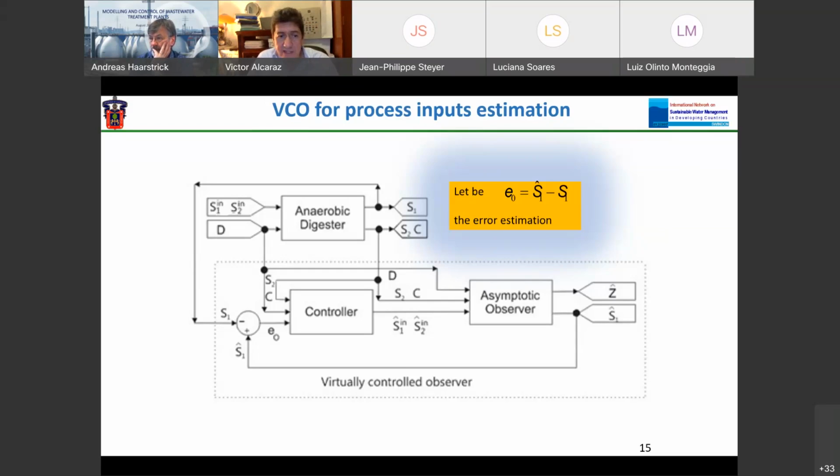So, if the estimation error is not zero, then a virtual controller provides the asymptotic observer with improved hypotheses on the process inputs until obtaining convergence. Next, please.